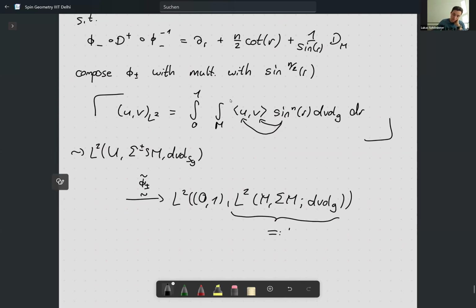In our paper, we call it L for link. So everything that happens in M is usually called the link.